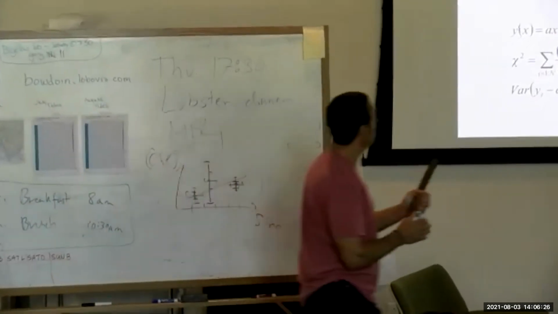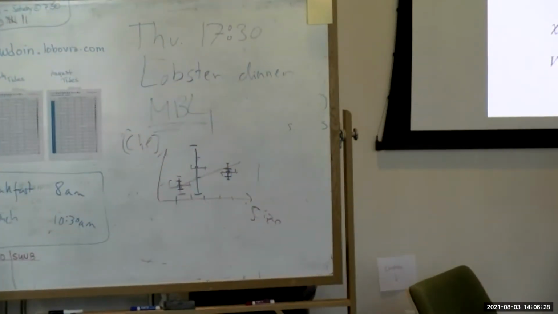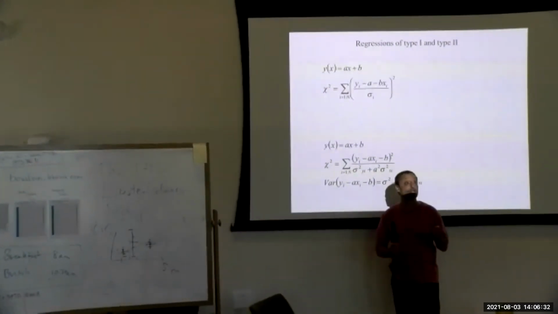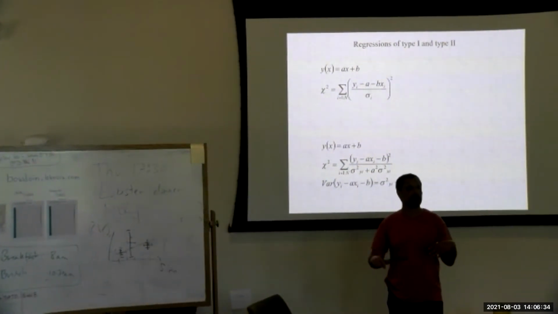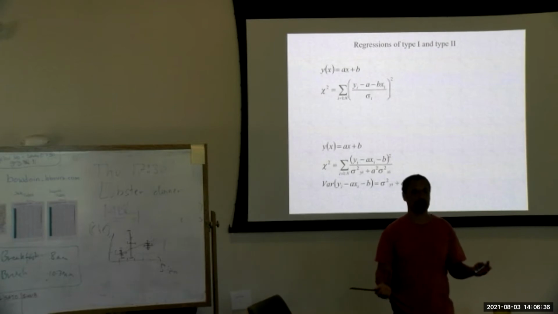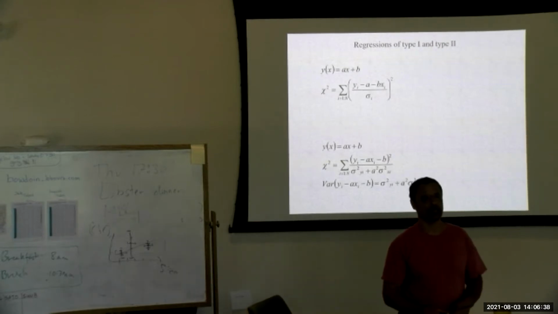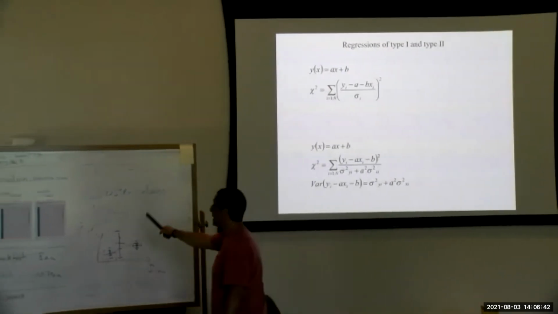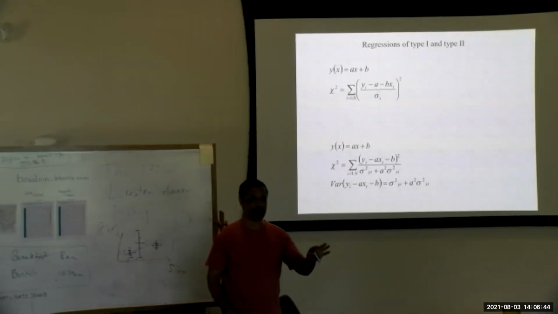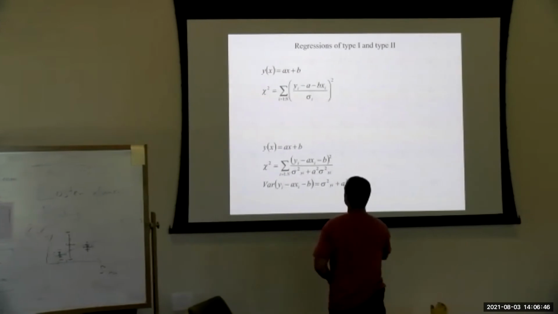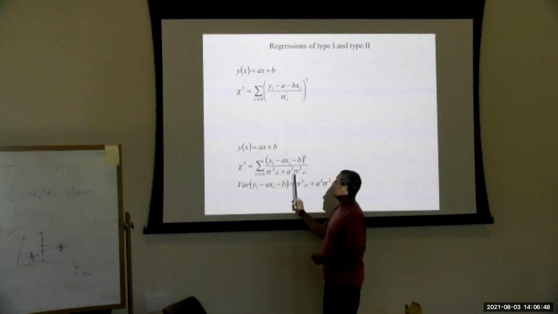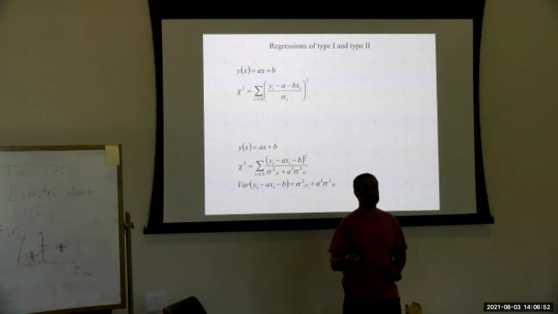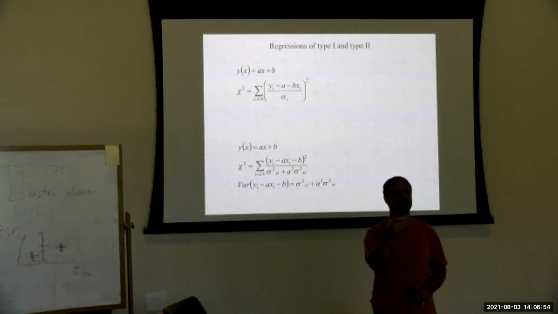All you can do is add the uncertainty into it, and then it's not going to weigh the noisy point as much as the less noisy point. Then you can also do it in both directions, and this brings in these type 2 models.